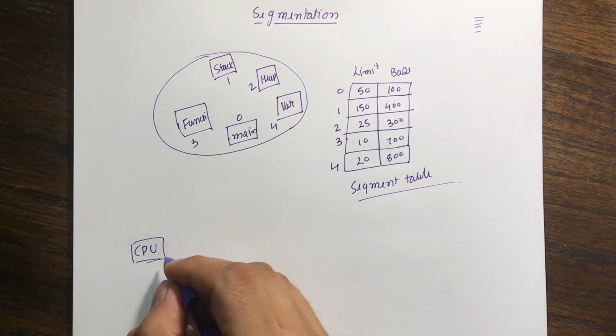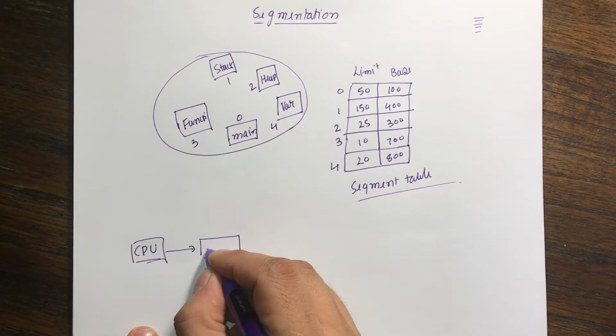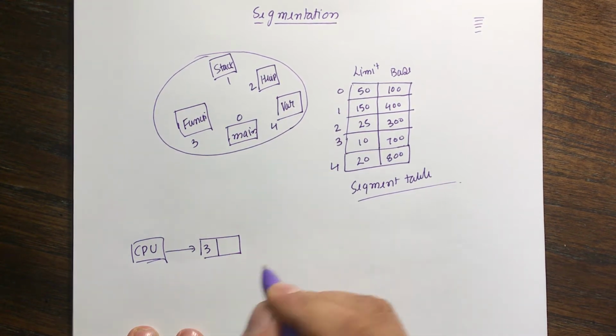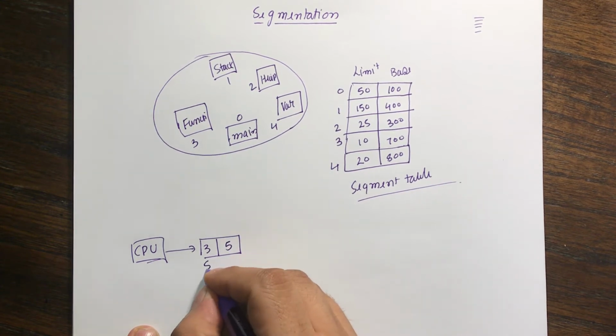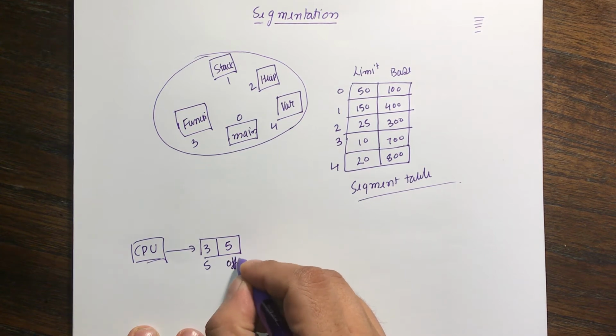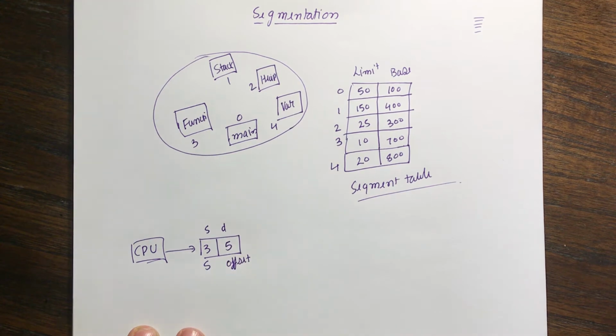Now instead of that, it will say I want segment 3, and I want the 5th line out of it. So this is your segment number, and let's say d is the offset.